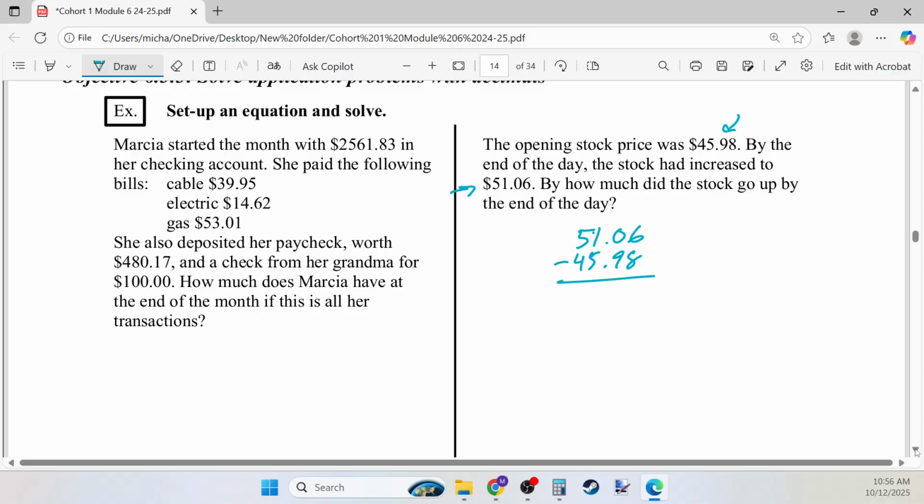Subtract, borrow. 9. This turns into 16. 16 minus 8 is 8. 9 minus 9 is 0. I have to borrow. Minus 5 is 5. 4 minus 4 is 0. Dot comes straight down. Went up by $4.08.